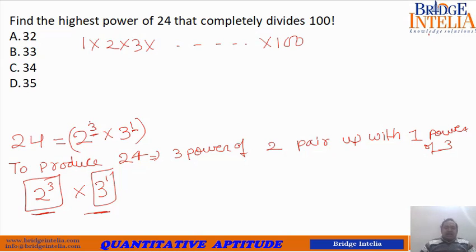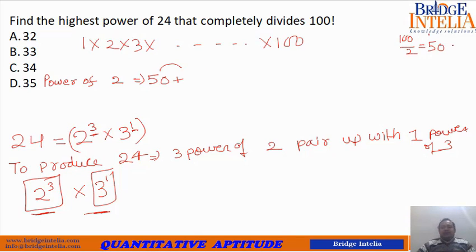So let's see how many powers of 2 are available. 100 by 2 is equal to 50.